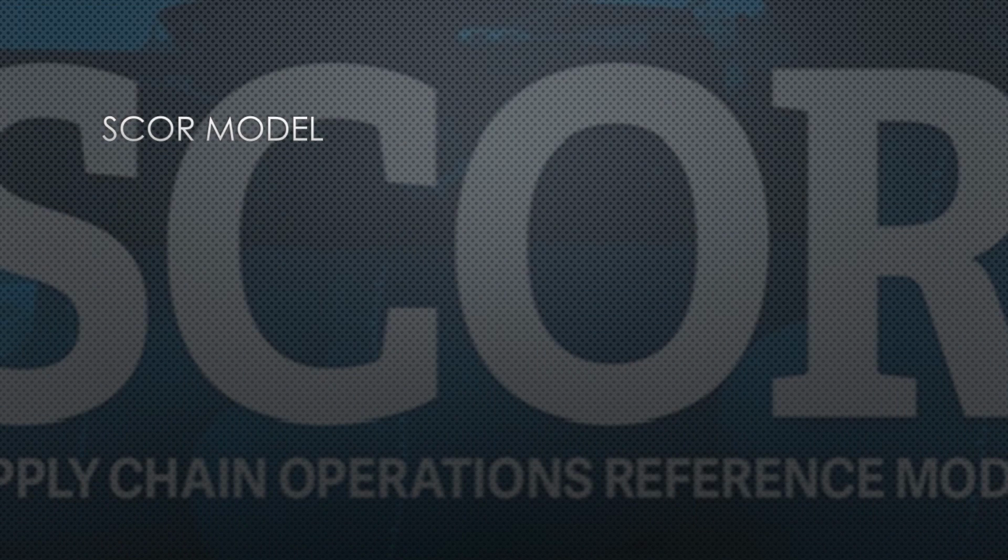Next, we're going to discuss how CMMS programs support the SCOR model. SCOR stands for Supply Chain Operations Reference model. The SCOR model contains 5 different performance attributes, of which CMMS supports 3 of them. The most important one that CMMS supports is the assets performance attribute.